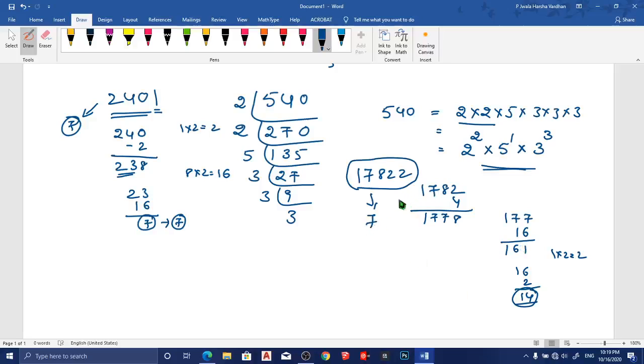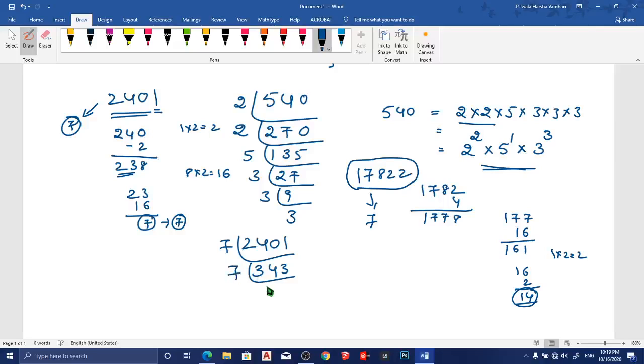Like that you can find out by using the divisibility rules, and then you have to try with that particular prime number. Prime factorization you have to do. So try with 7 here, 2401. Can divide by 7: 7 3s are 21, 7 4s are 28, 7 3s are 21 here.